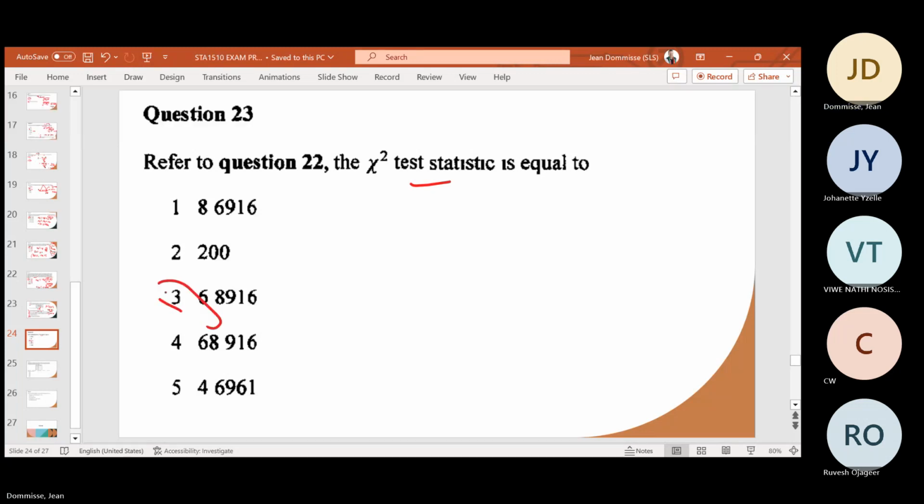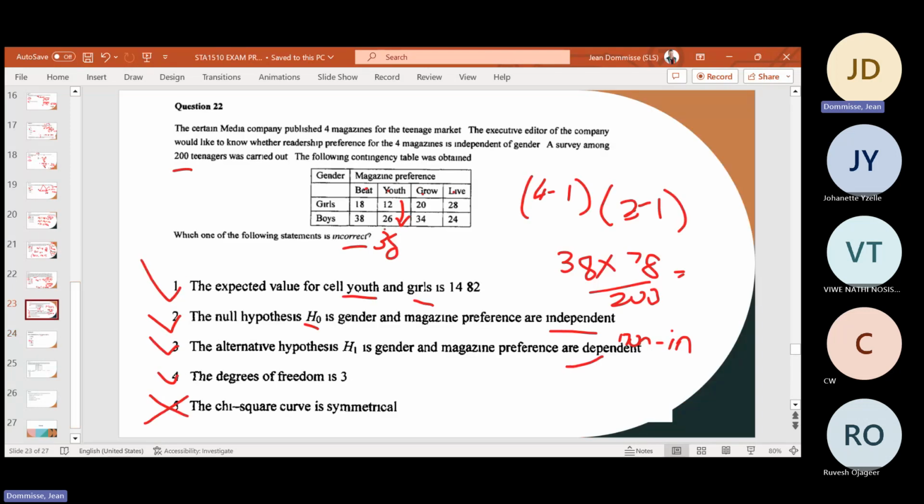Okay. In the exam, if you don't use Excel, this would have taken you a bit longer than usual. What will most likely happen in the exam is that you get something like a 2 by 2, and then they will also give you your expected values, so you only need to work out the difference between that.